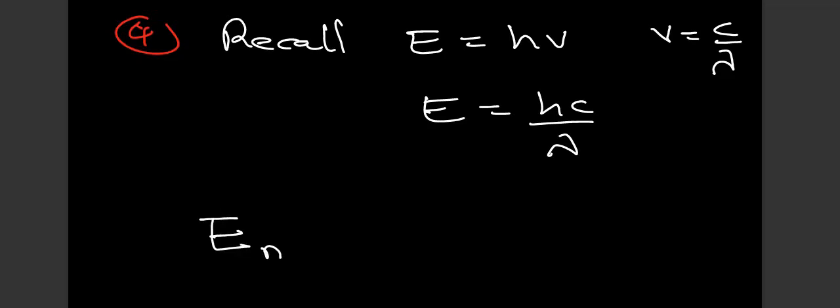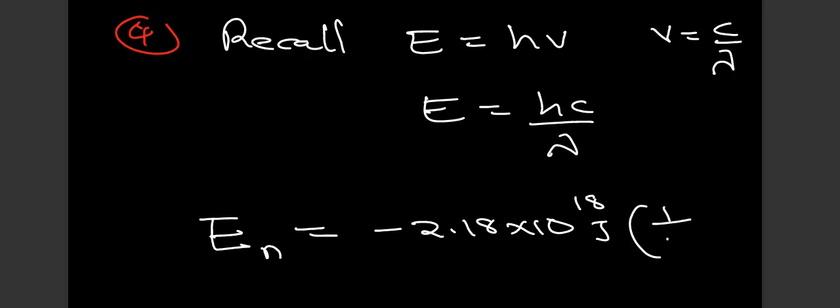The energy found in a particular shell is simply equal to a constant, which is given as negative 2.18 times 10 to the power negative 18 joules, times 1 over n squared. So this is the formula for the energy level in a shell.